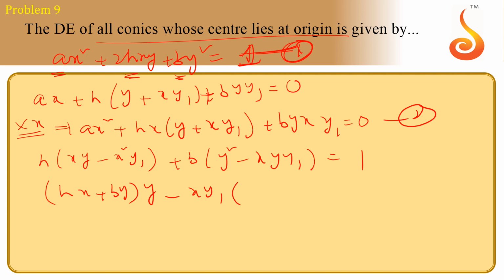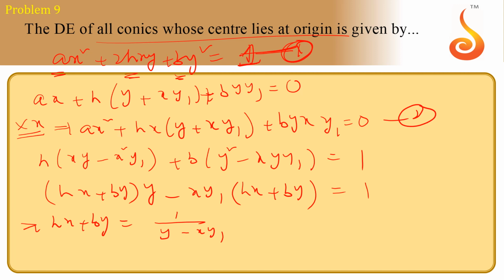If you take common xy1, you will get hx plus by equal to 1. So this hx plus by you can write directly as 1 by y minus xy1.